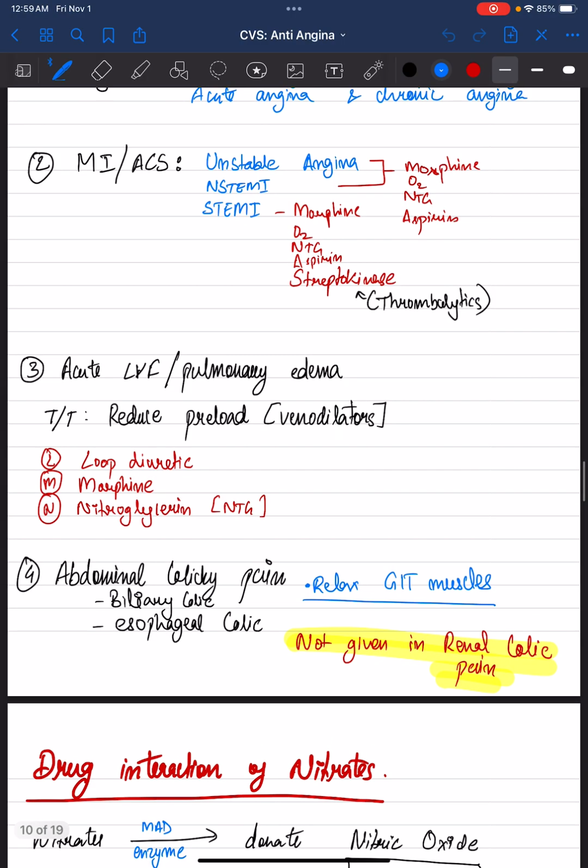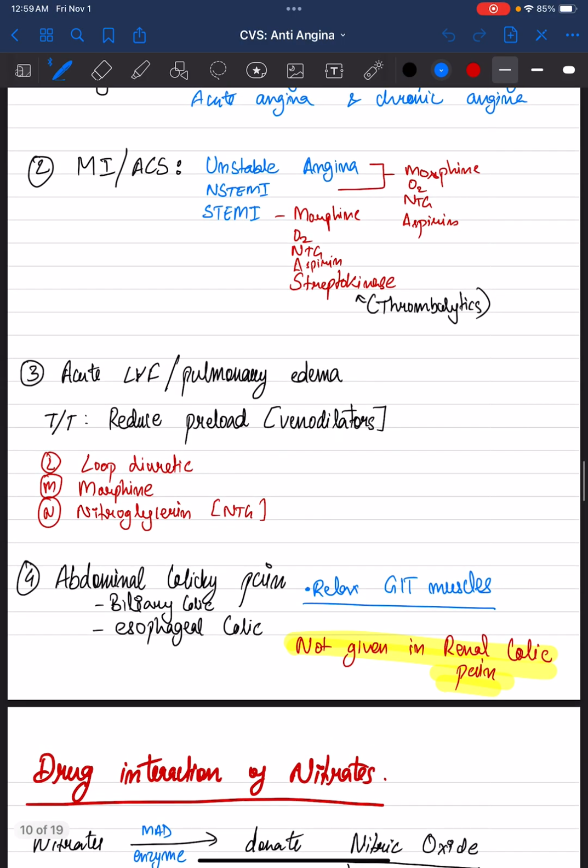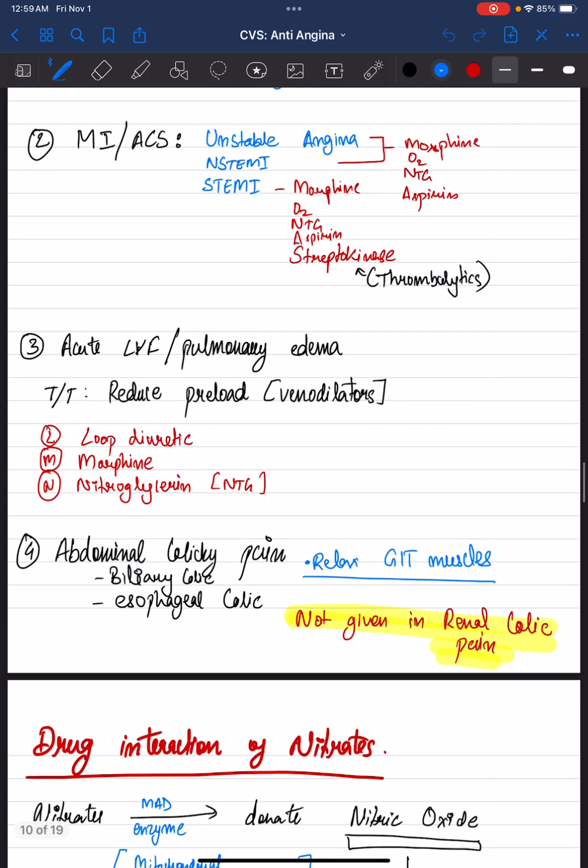And in abdominal colicky pain, we'll use nitrates because it relaxes the GIT muscle, so it will be used in biliary colic and esophageal colic. But we should remember that nitrates will not be given in renal colic pain.